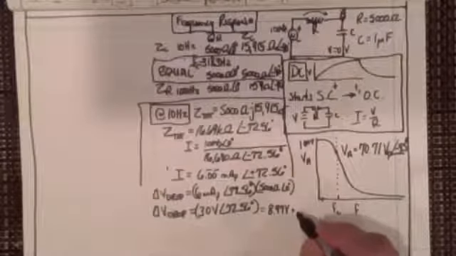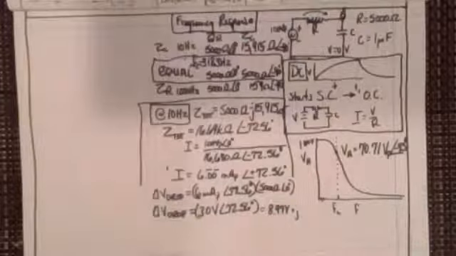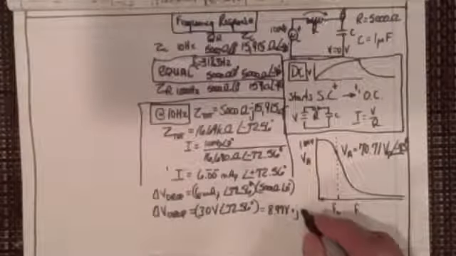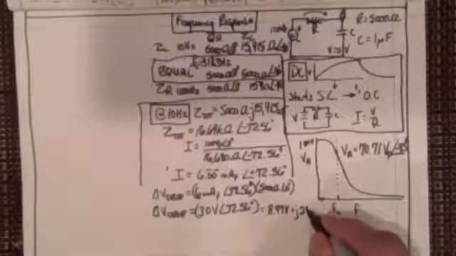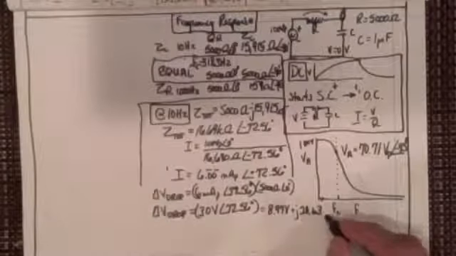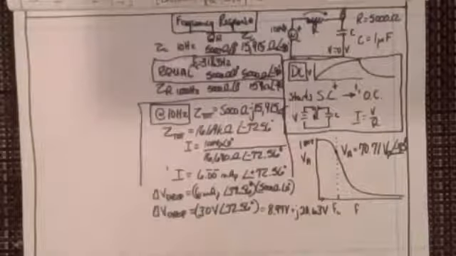Plus j, and then it's just going to be 30 times the sine, and that equals 28.63 volts. So there you go.